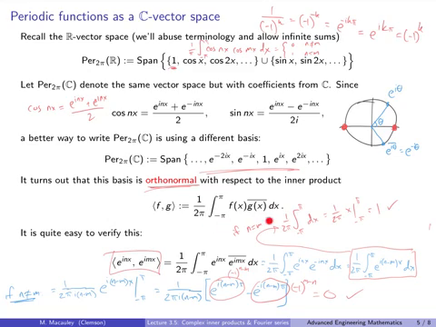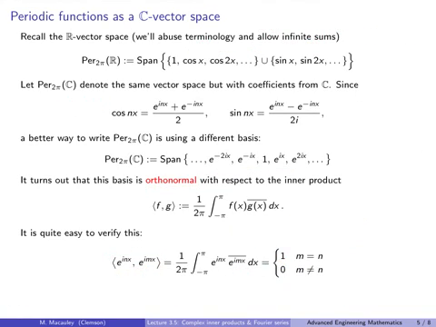So with this inner product, these complex exponentials are orthonormal, because if we take the inner product of any two of them, e to the i nx and e to the i mx, defined as this integral, what do we get? We get 1 if m and n are equal, and 0 if they are different.